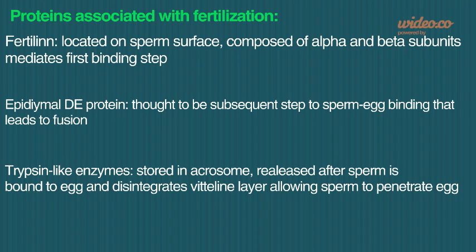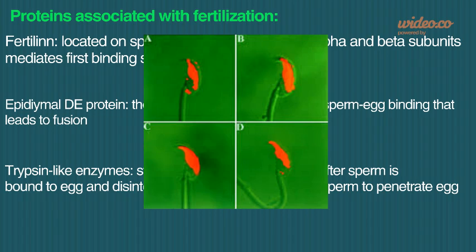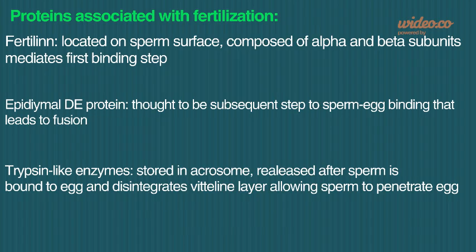Some important proteins and enzymes involved in fertilization are fertilin, which is a protein found on the sperm surface and is composed of alpha and beta fertilin subunits. It mediates the first binding step with an interaction between its disintegrin domain and the egg's integrin unit.